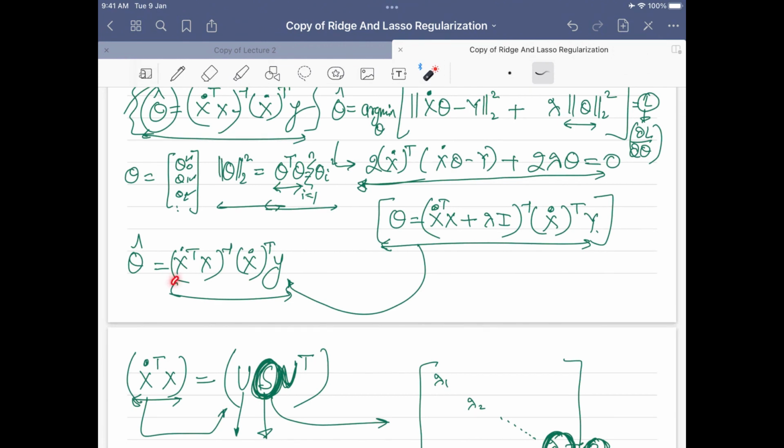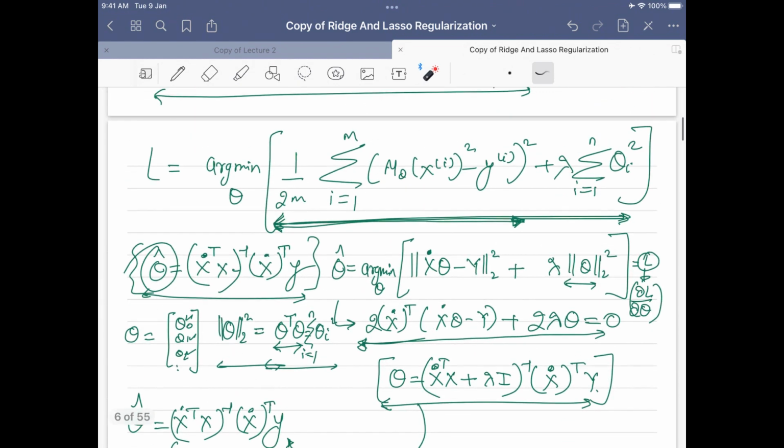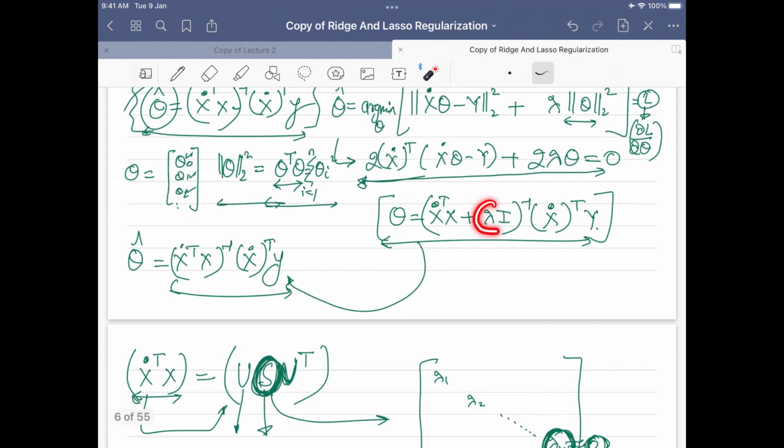In order to avoid this situation where your theta hat blows up, we use regularization, which we have included here. You can see this regularization parameter lambda actually enters inside the inversion.